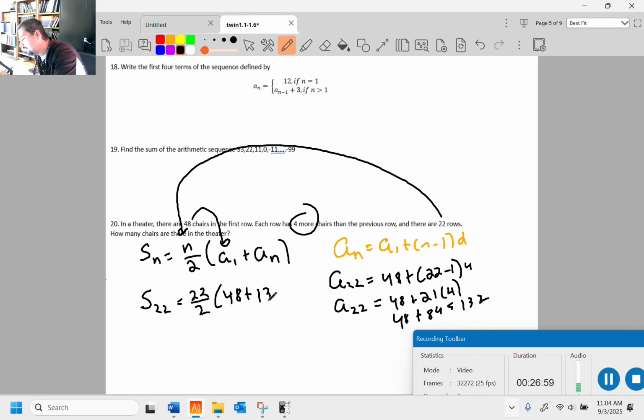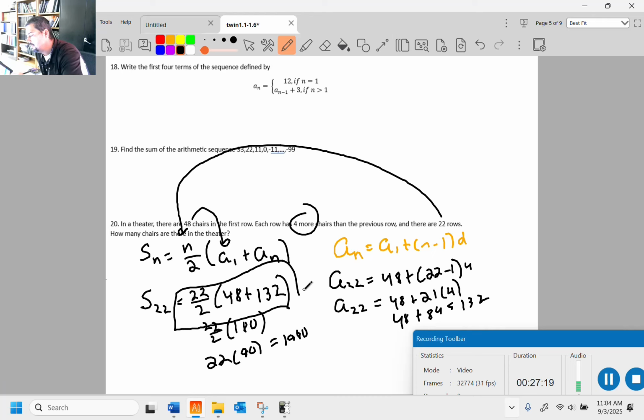And I can put that right there. And then I can do some math, right? 48 and 132, I think that's 180. We got the 22 over 2. And by all means, push buttons. We'll check myself on this one. Half of 180 is 90. It's 1800. Should be 1980. Let's just type this in, see what it is. But it should be 1980 chairs. Big theater.